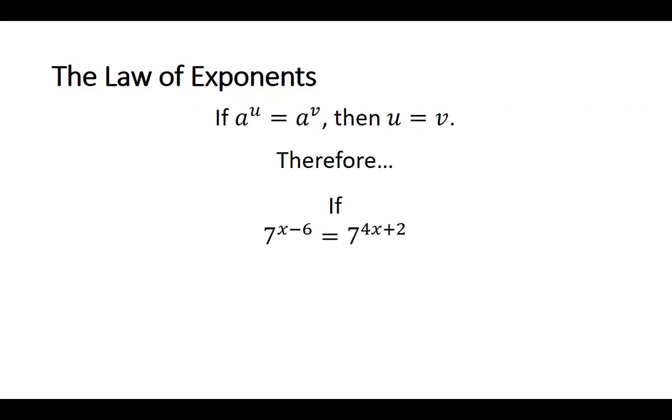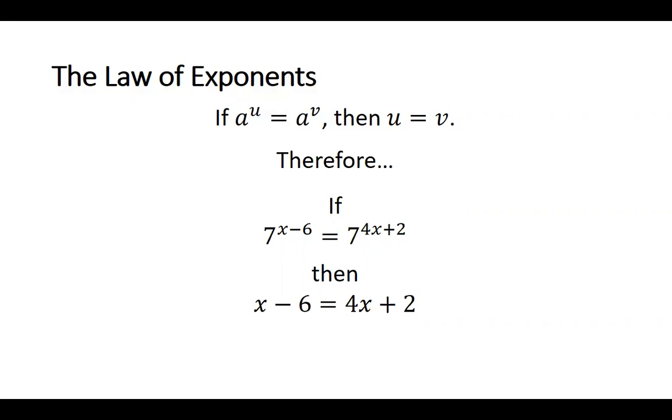Therefore, if 7 to the x minus 6 is equal to 7 to the 4x plus 2, since the base is the same, then x minus 6 must be equal to 4x plus 2. So we have a way to get into the exponent if the variables are there and solve.